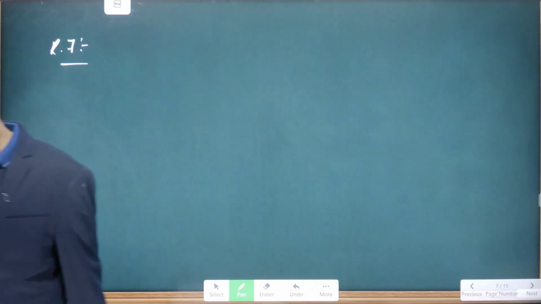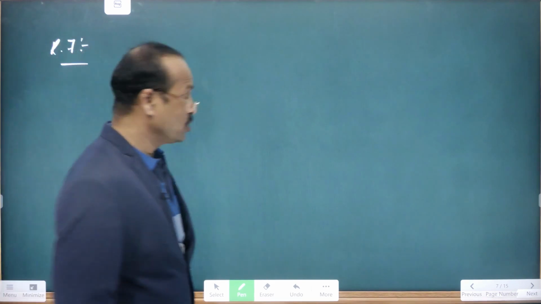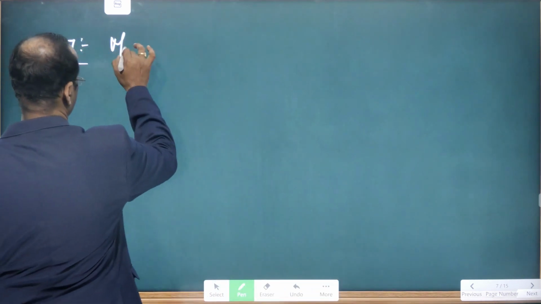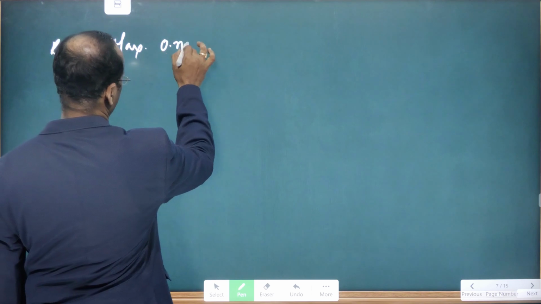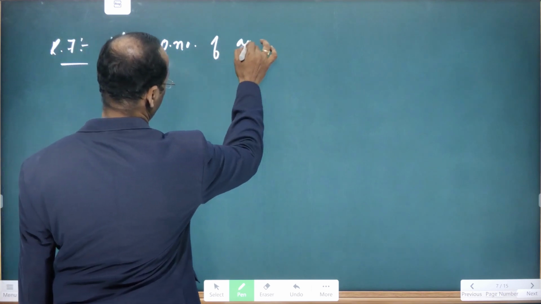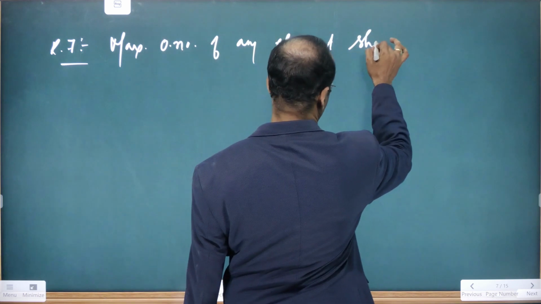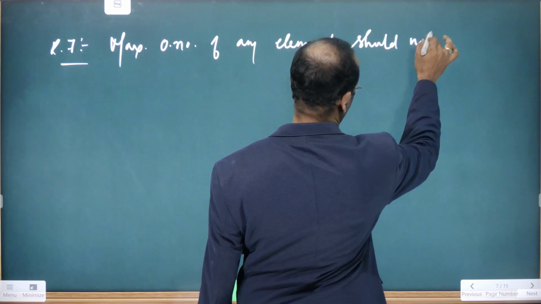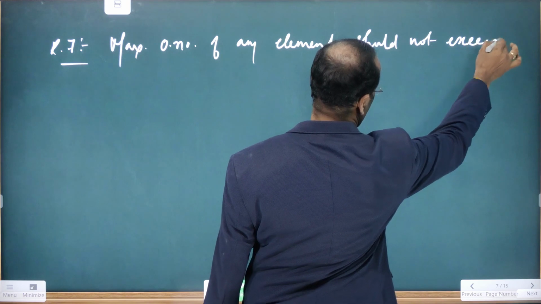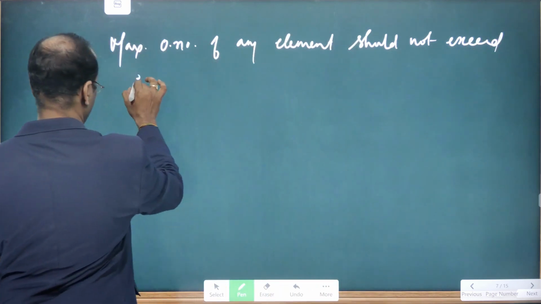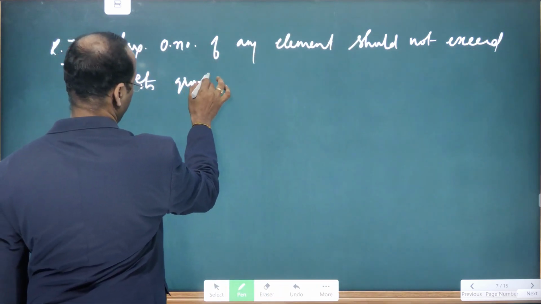Once read the 7th rule in your material. So the maximum oxidation number of any element should not cross or exceed its group number.